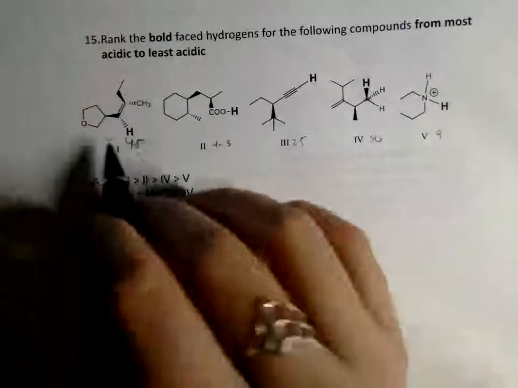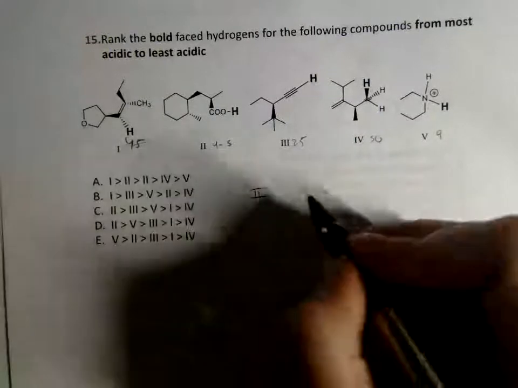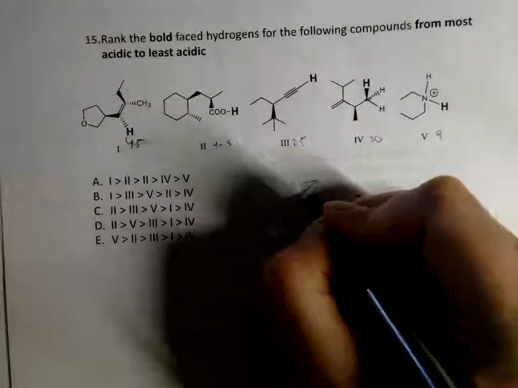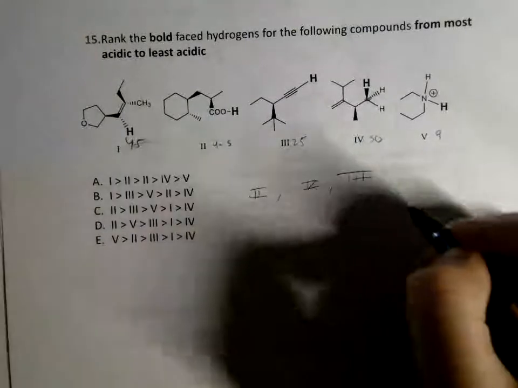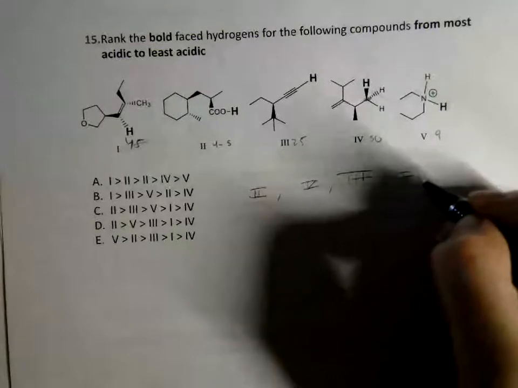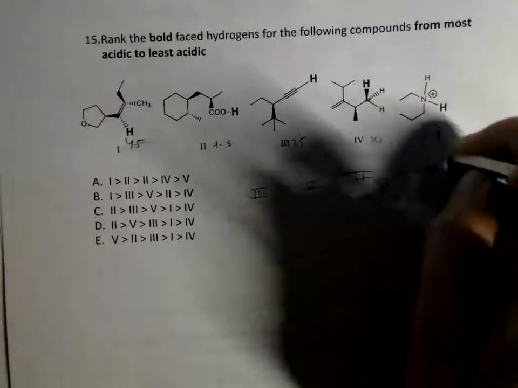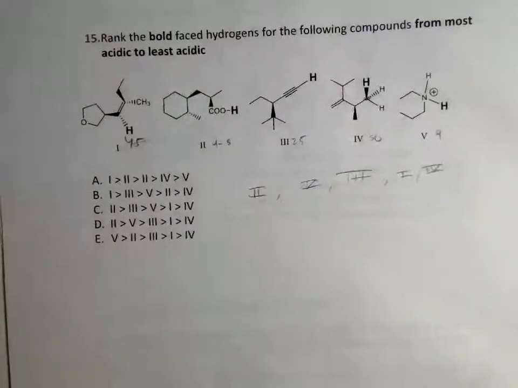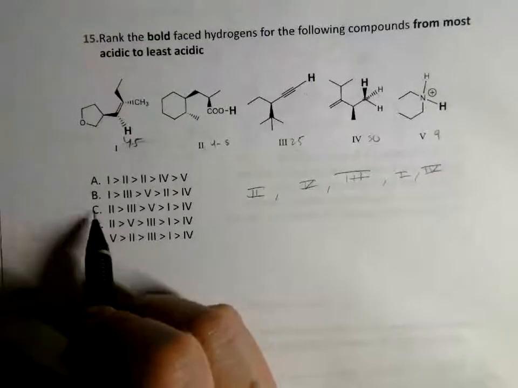So be sure that you know these functional groups off the top of your head. They're going to come up. So this is the lowest, then 5, then 3, then 1, and then, did I have that in the right order? And then 4. Okay, so I think D is the right answer.